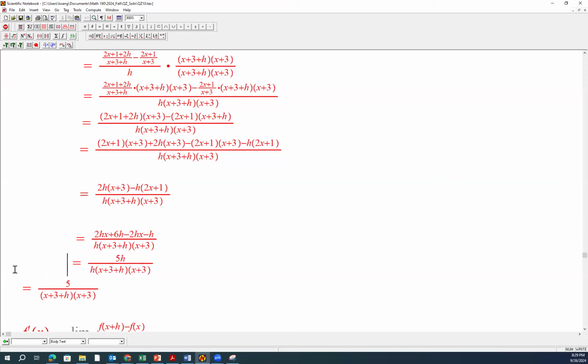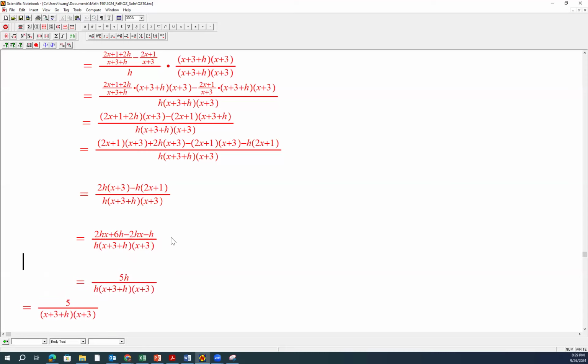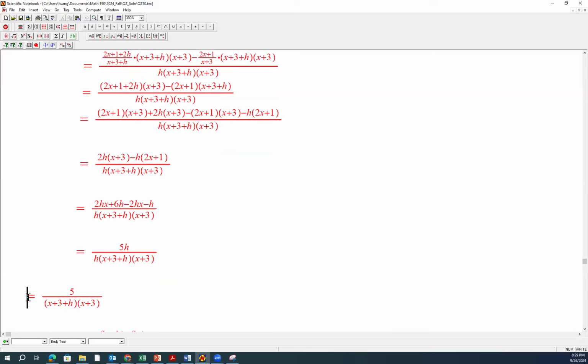And after that, 2 times hx, subtracting 2 times hx, that makes 0. 6h minus h, that's 5h. Okay? So by this time, we can finally reduce the h.